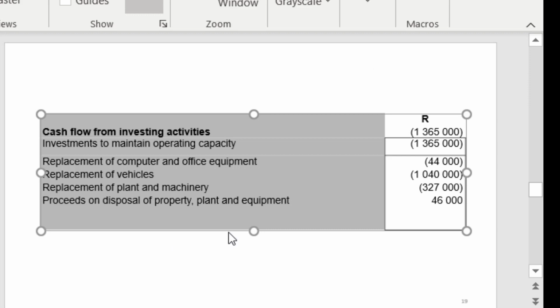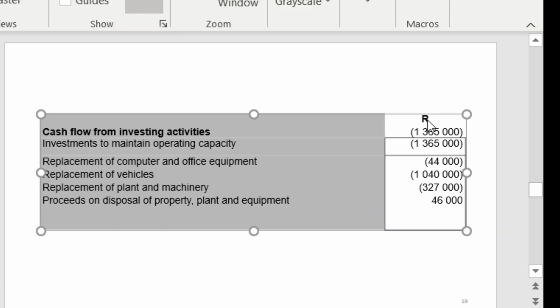Again, when it comes to the cash flow from investing activities, let us look at what it comprises. Investment, we'll look at the statement of financial position as to how this is comprised. We have replacement of computer and office equipment, we'll go and look at the calculation, replacement of vehicles, replacement of property, plant, and equipment, and we have proceeds on disposal of property, plant, and equipment.